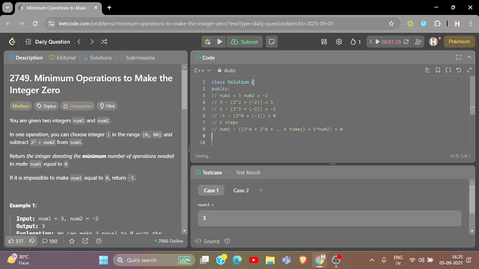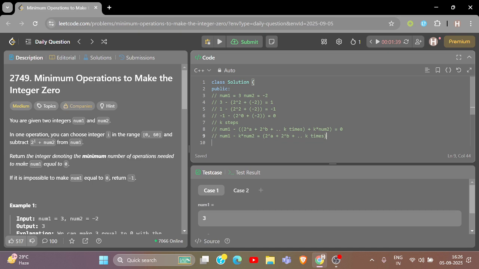Okay, so that's the thing. If I do it mathematically and rearrange it a little bit, keeping num1 and num2 on the left hand side, it becomes num1 minus k times num2 is equal to 2 to the power a plus and so on. So my equation reduces ultimately to this, right? That's my reduced equation now.